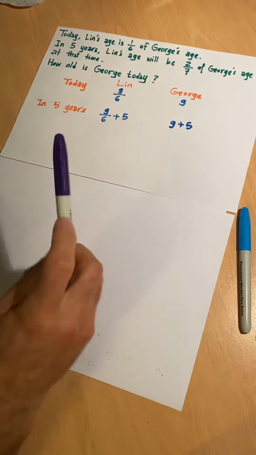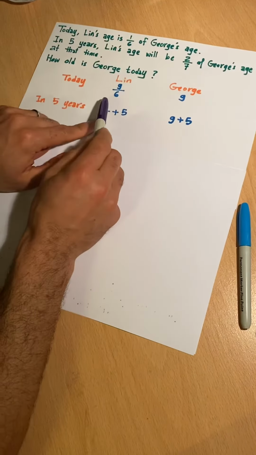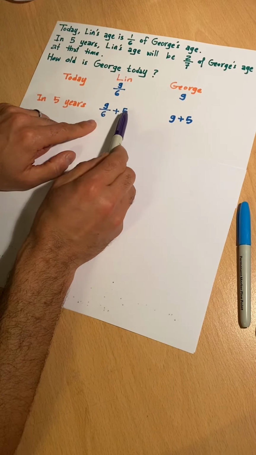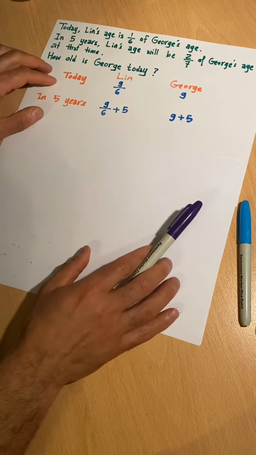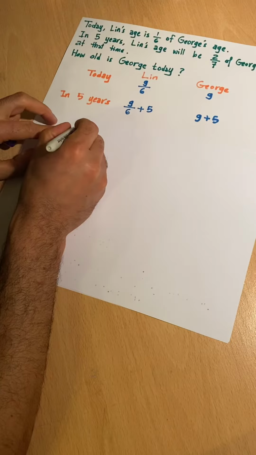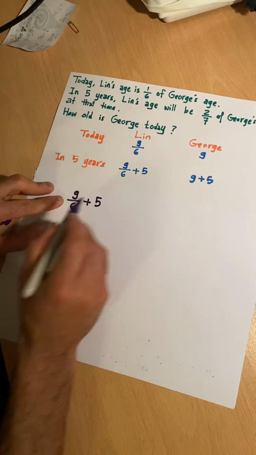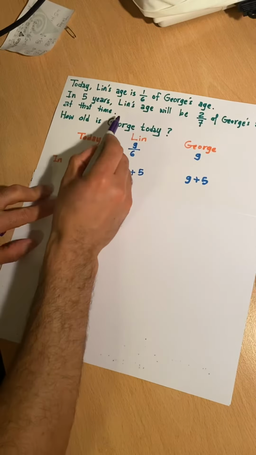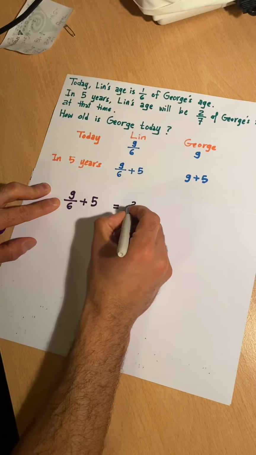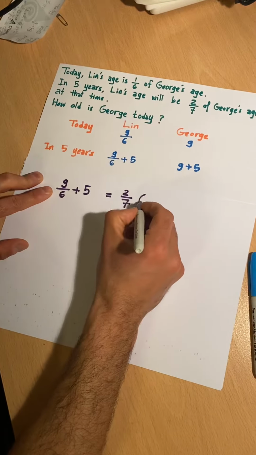What do we know? In 5 years, Lynn's age, which is G/6 plus 5, will be 2/7 of George's age, G plus 5.